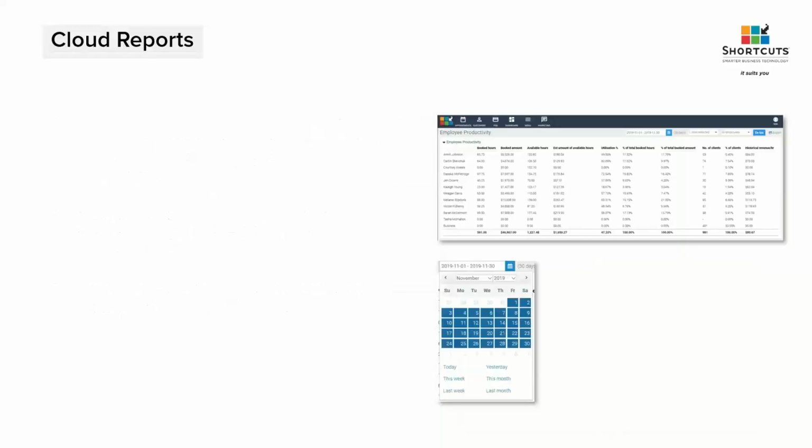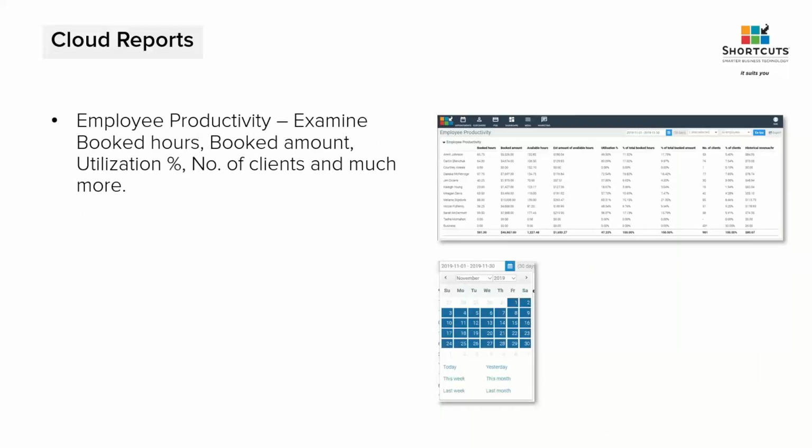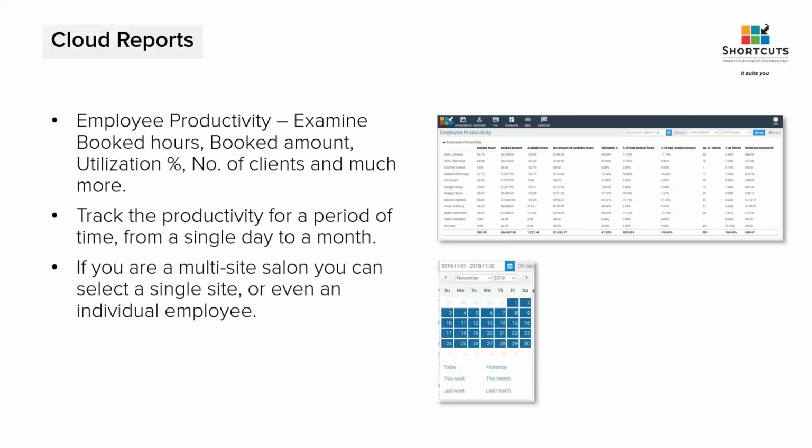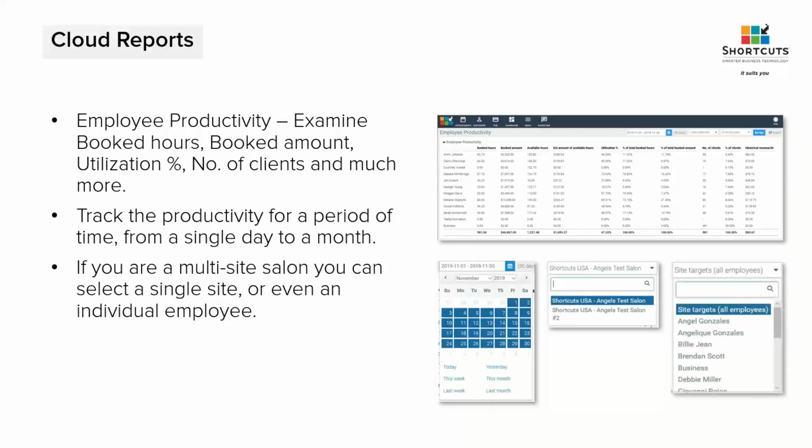The employee productivity report: if you want to take a look at the booked hours versus the utilization, the actual hours that the staff worked, you're going to see that plus the clients that were visited. And we would advise for this one, analyze it for a week or a month if you want.